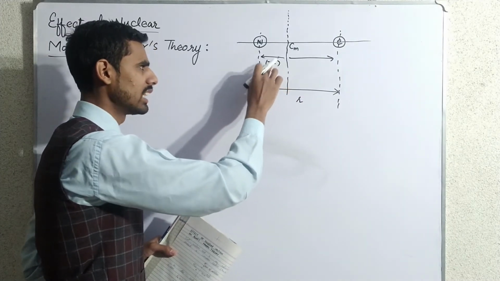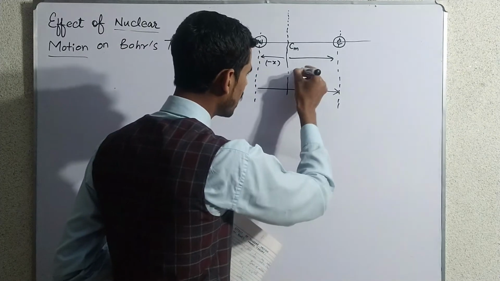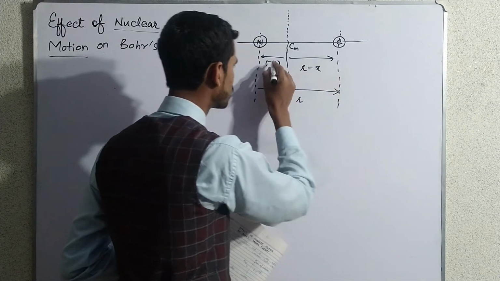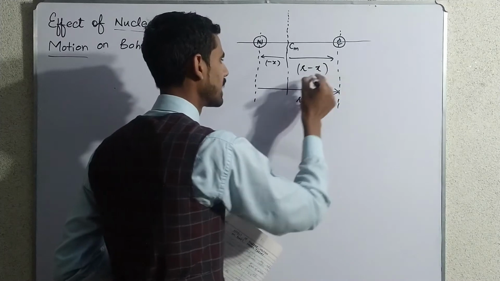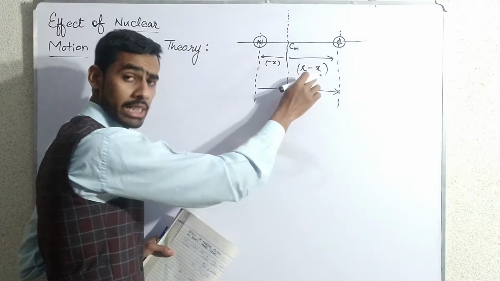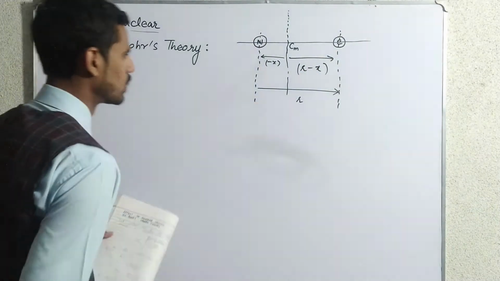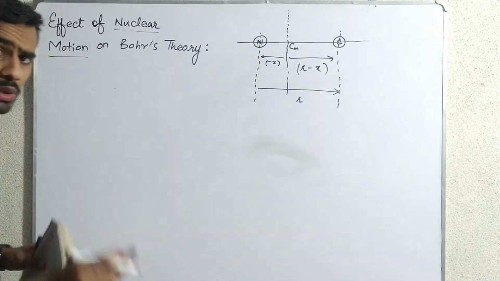The negative sign is just because it is to the left of the reference point, so it will be r minus x, whose magnitude is x. So this will be r minus x. Now you understand the diagram, I think. So let's move on to the theory now.